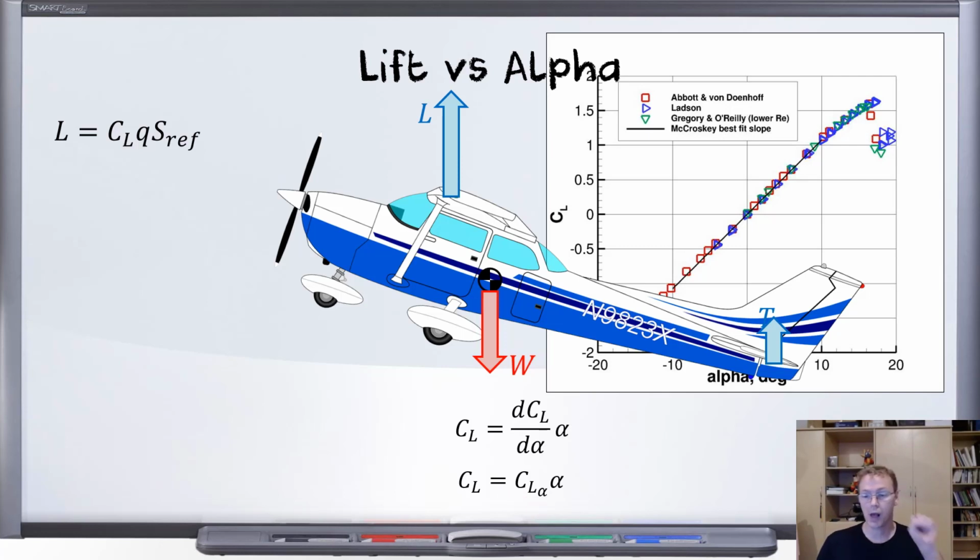So if you remember y equals mx plus b, m was the slope, we will put our slope into this now. This is an equation for how we can describe this line. So this is a constant now. CL sub alpha is a constant based on this data right here, and that makes CL can vary as you vary the angle of attack.